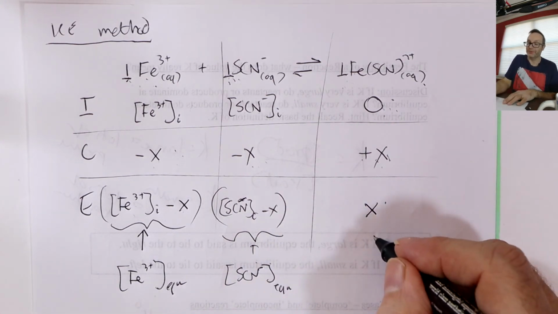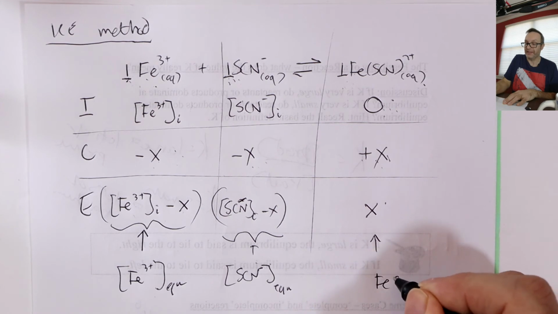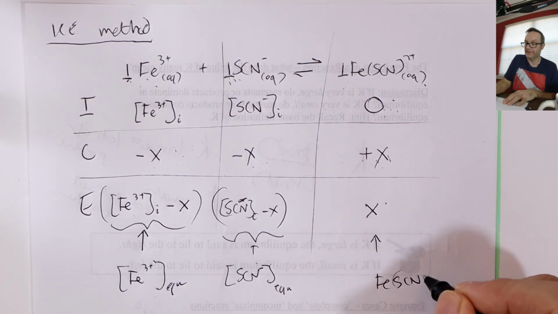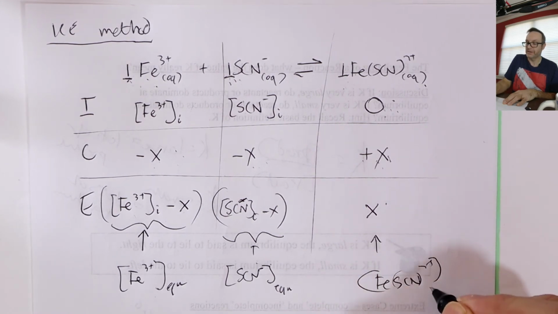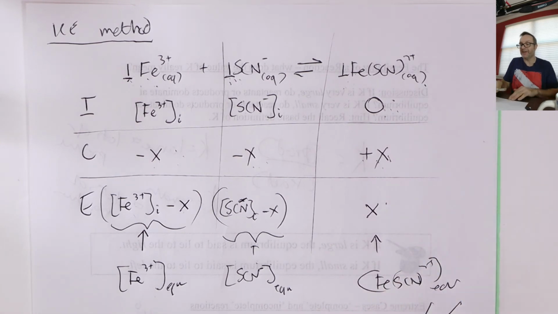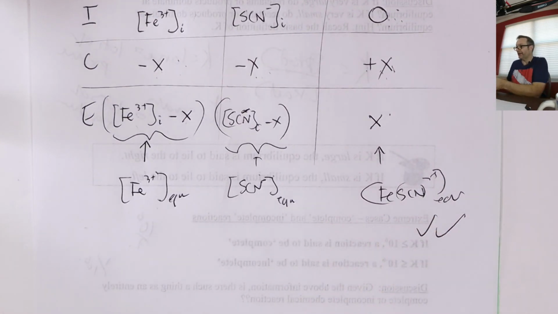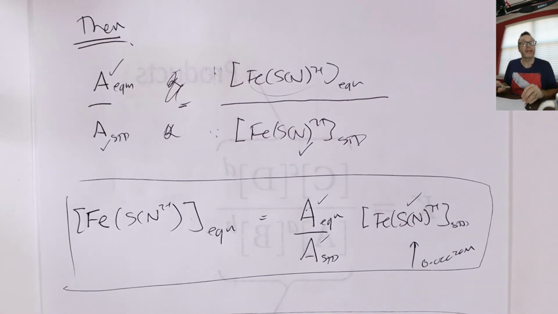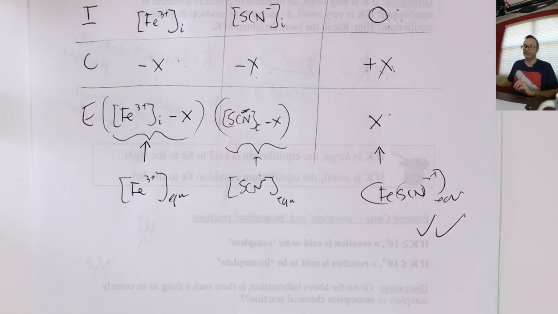All right, and this guy, of course, X is what? It's FeSCN2+ equilibrium. We already have that one from our other equation. Okay, so now let's set up K again, right?